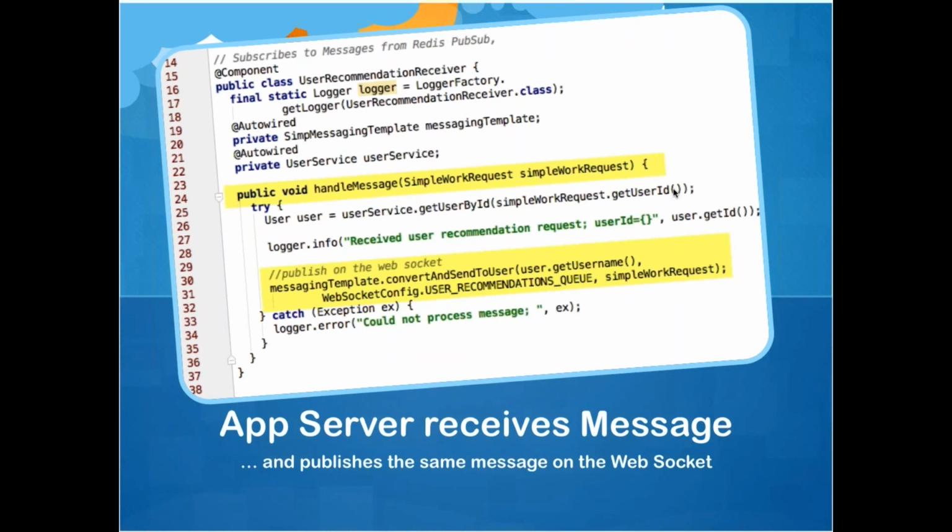So now what happens on the app server is that we have a receiver class, user recommendation receiver, that's listening for this exact message. Once we get that message, we then relay this message through the WebSocket. That's lines 31 and 32, these lines. We are sending this message over the WebSocket to the browser.